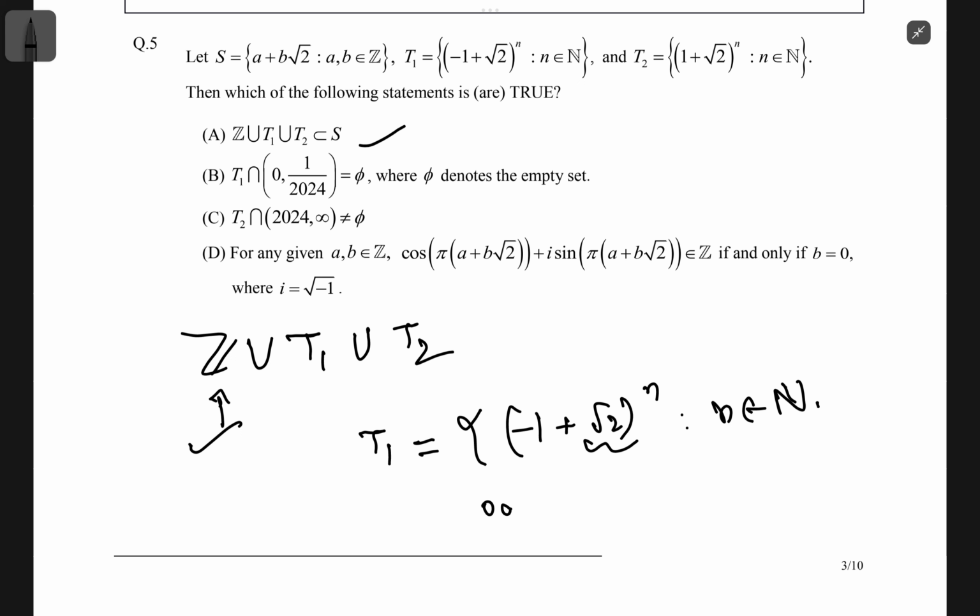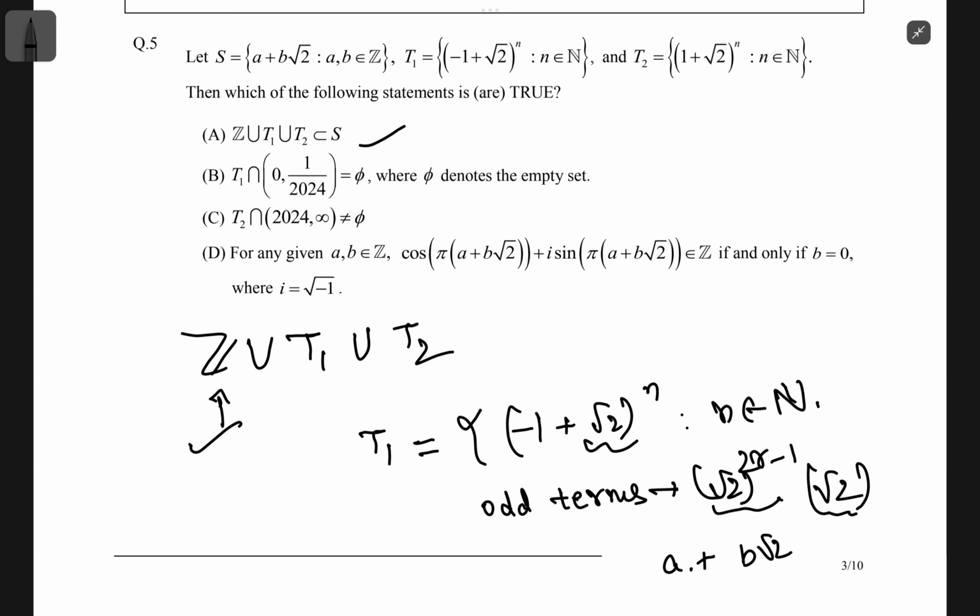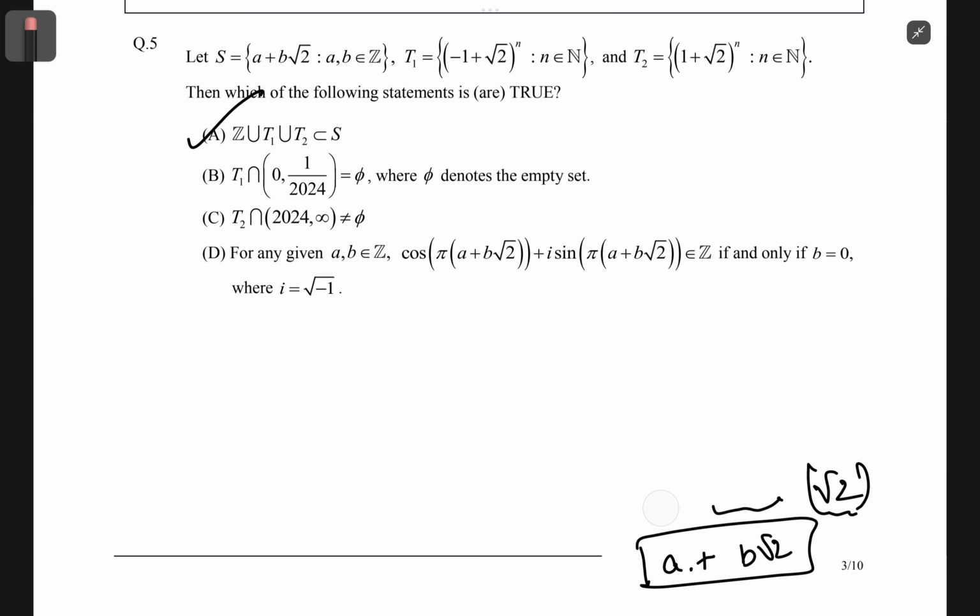The odd terms would be left with root 2, and all these terms would make b root 2, and the other terms would make a. So these all can also be represented as S, and also T2. So the first one is a very straightforward part: can you represent them as a plus b root 2? Yes, you can. So a is clearly correct.